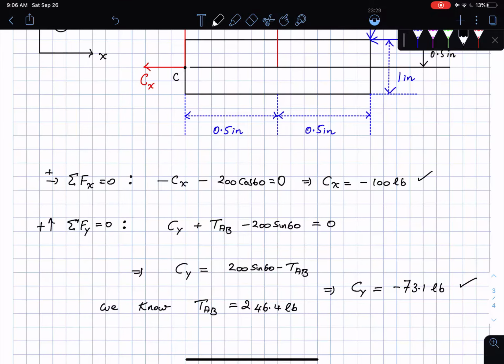Note this very nice thing here. If I did not solve for TAB first, I would not have been able to solve for cy.